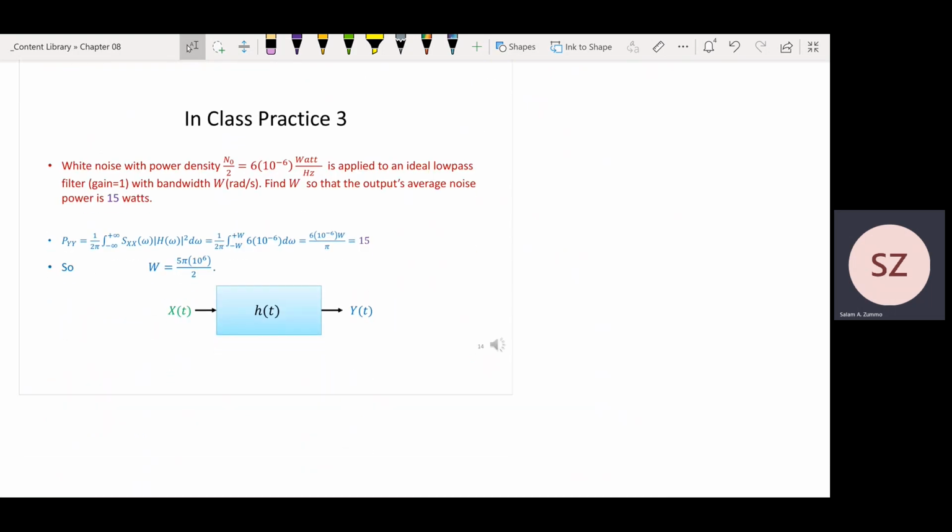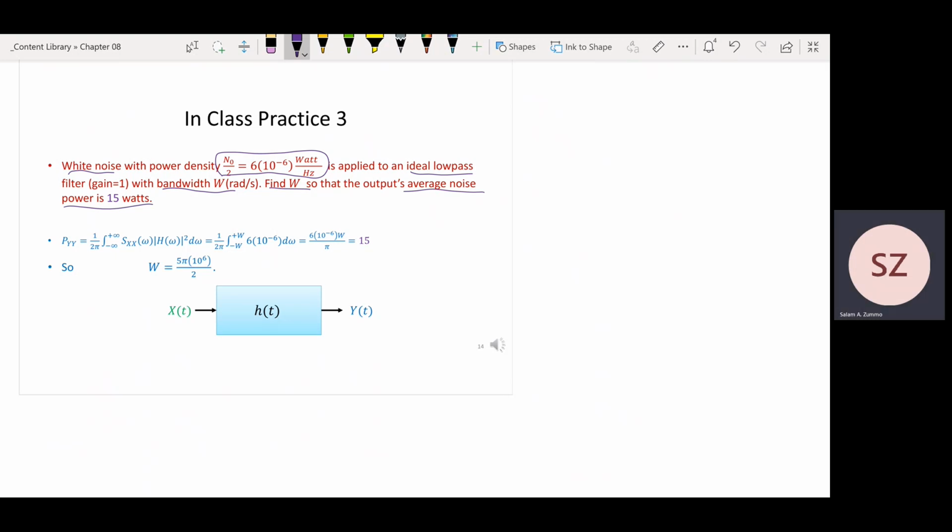Last question, or the example, is again white noise, with power density N naught over 2, which is 6 times 10 to minus 6, applied to an ideal low pass filter with gain 1 and bandwidth W. Find W such that the output average noise power is 15.